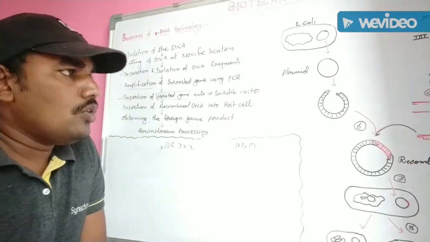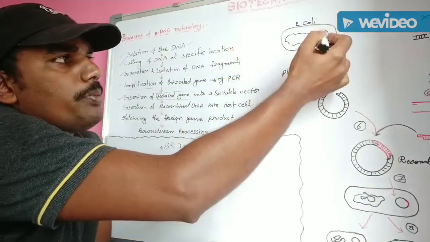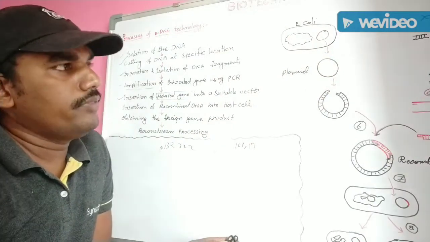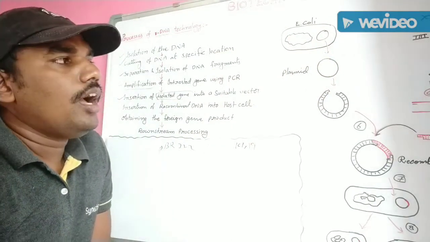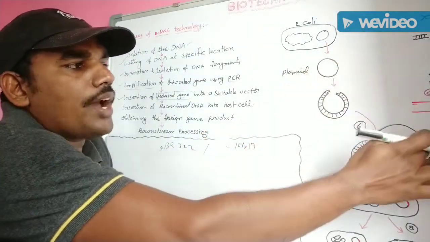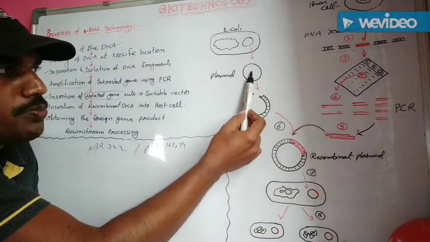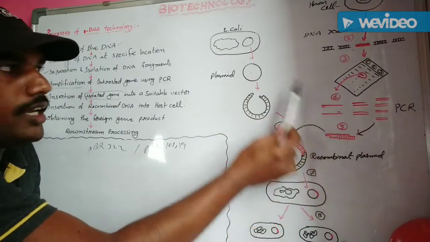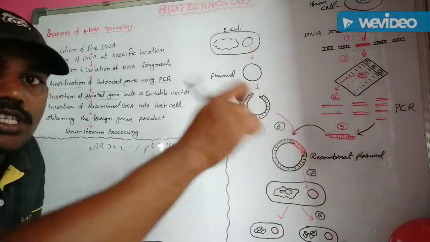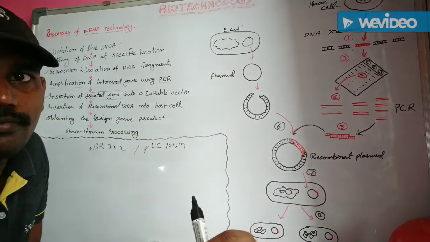Both the plasmid is separated from the host organism with the help of different types of processes, and the DNA is isolated. This plasmid and isolated gene are both treated with the same restriction enzyme.